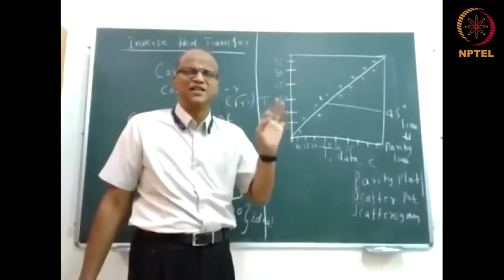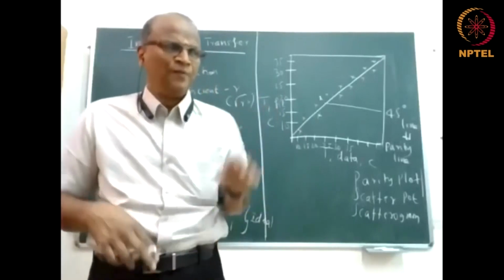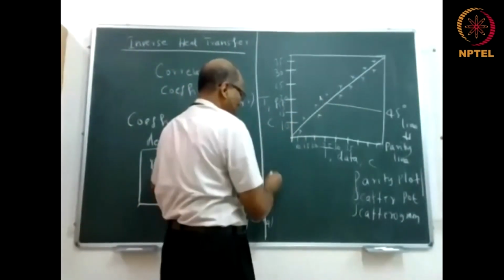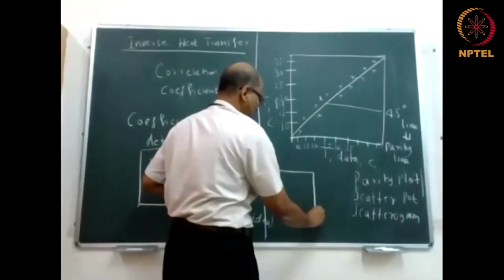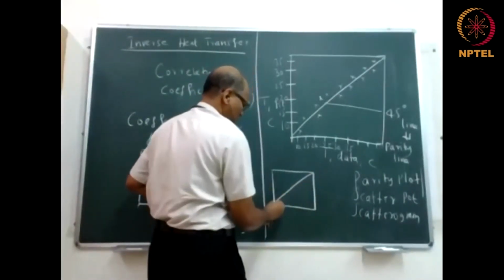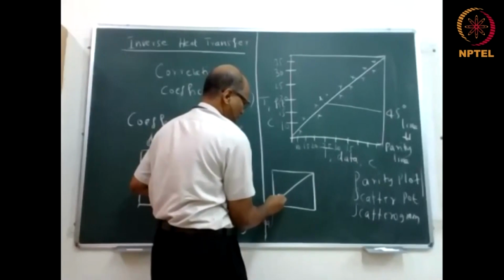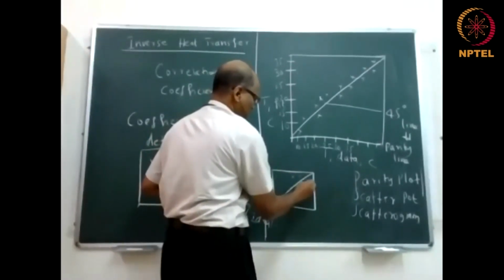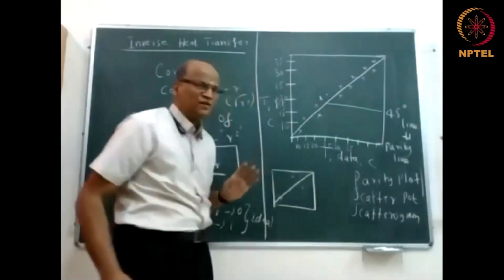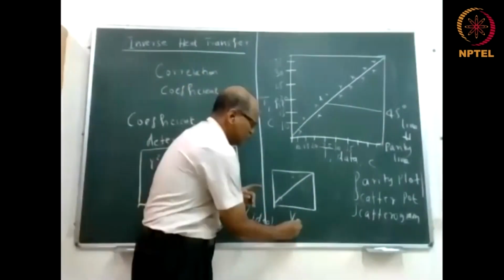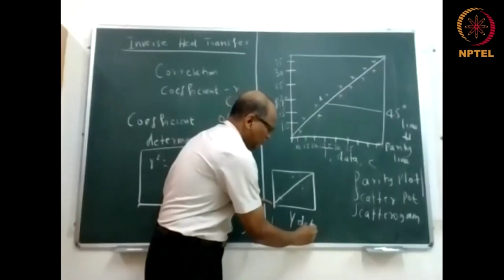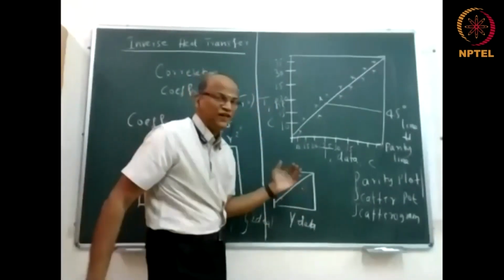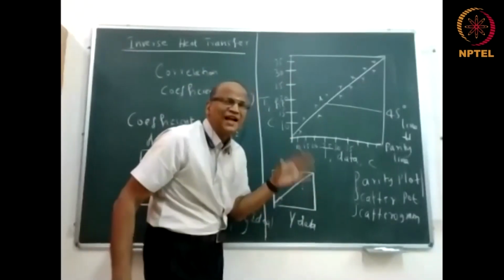But just don't keep checking this and all that. Generally, it will be true. And also, the spread will be more uniform like this. If I have a parity plot like this, and suddenly here it is like this, that means whenever this y data or y fit is very high, there is too much scatter.